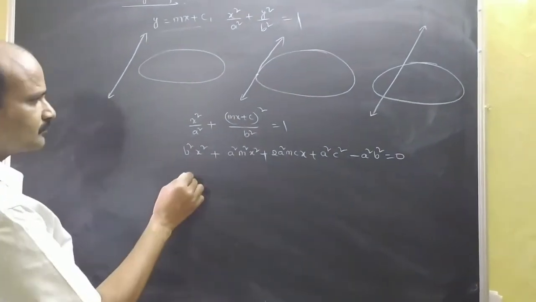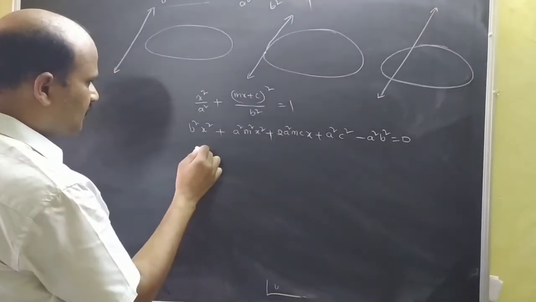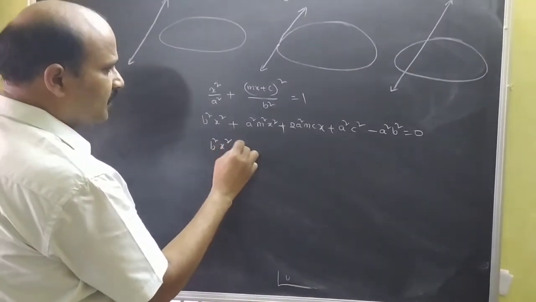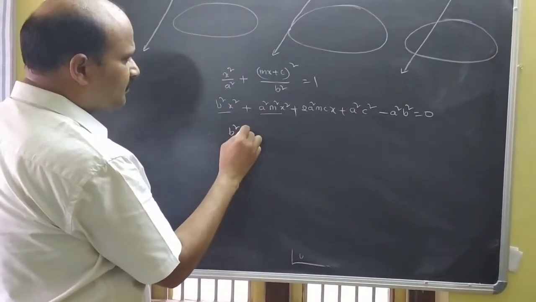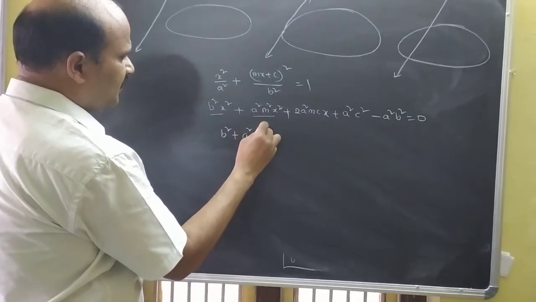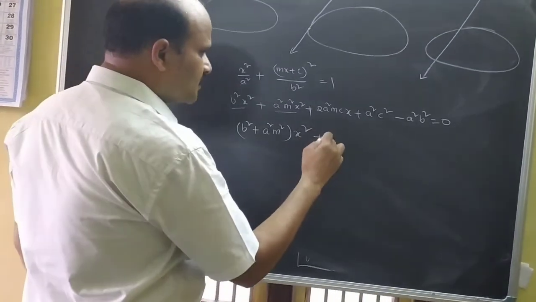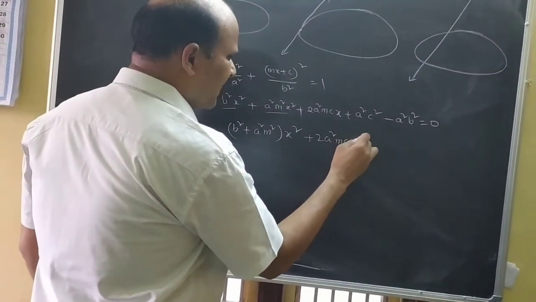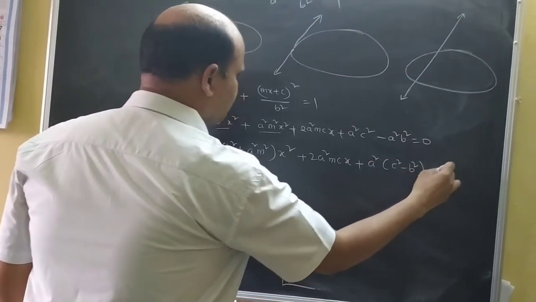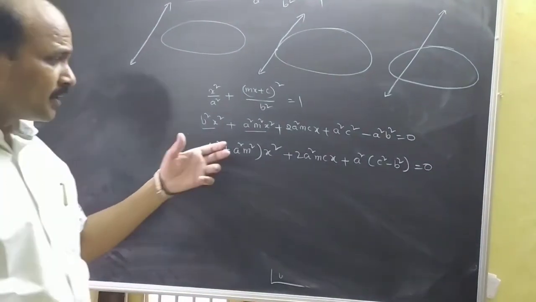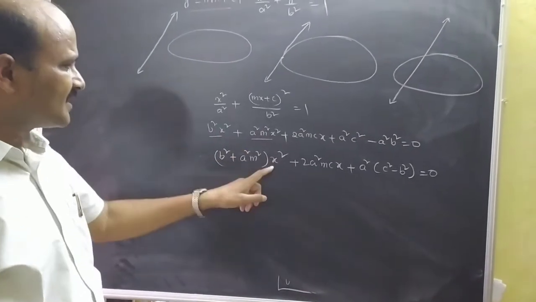Now, with respect to this, b square x square plus, x square is a common term here, (b square plus a square m square) into x square plus 2a square mcx plus a square into (c square minus b square). That is the equation. Now this is a quadratic equation in terms of x.